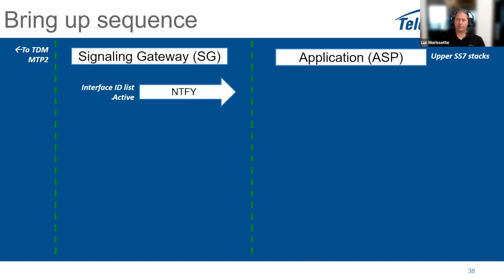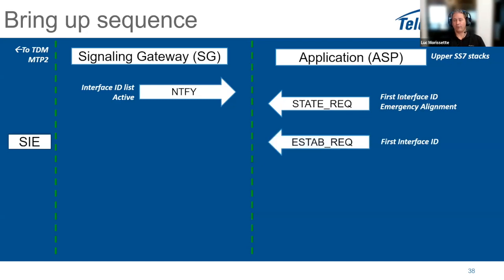There are configurations in M2UA where sometimes you get more than one interface ID per message. So for the first interface ID you will get an emergency alignment, because that's the first one that you bring up, and you want to bring it up quickly. So you will have an SIE. That's an emergency bring up of the MTP2 link.